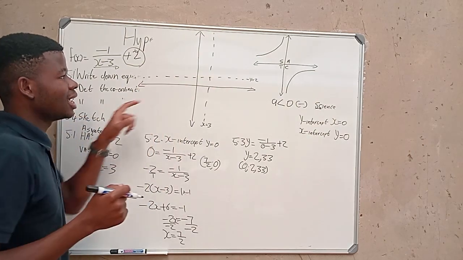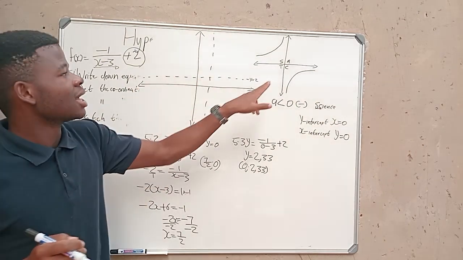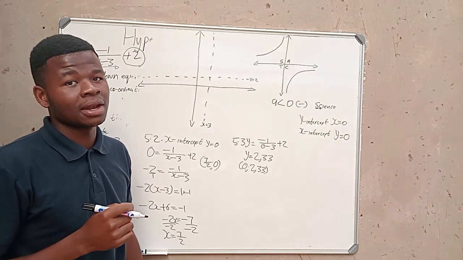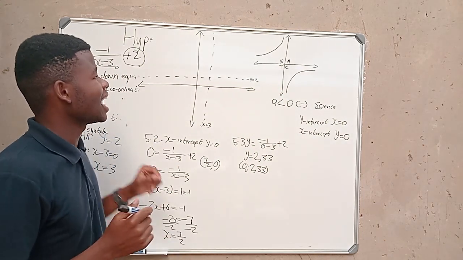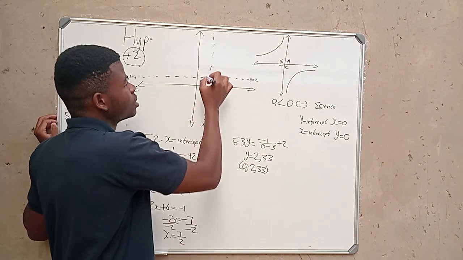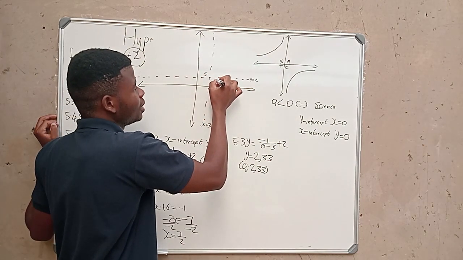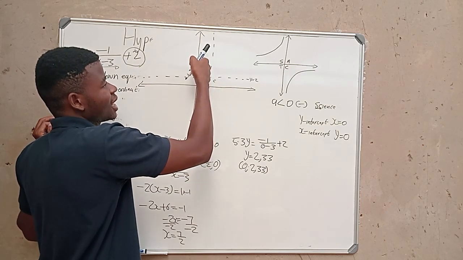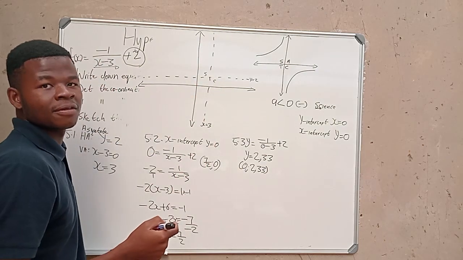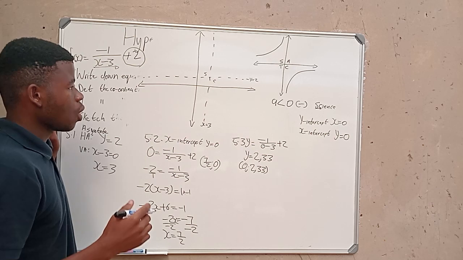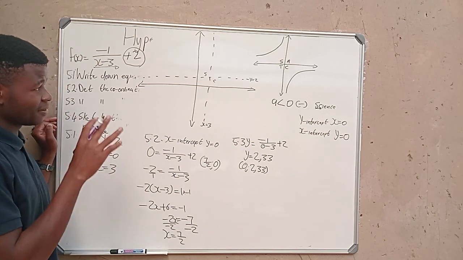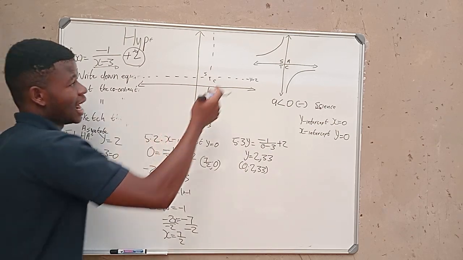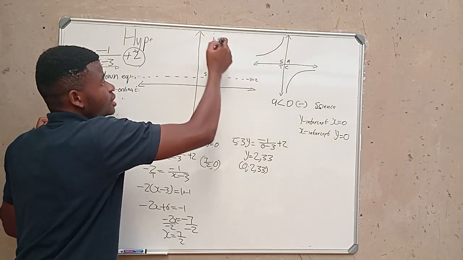They are like our new Cartesian plane. So our graph is going to be here, on the second quadrant and the fourth quadrant. What do you do after putting the asymptotes? You just put the arms. The arms I'm talking about are these things.